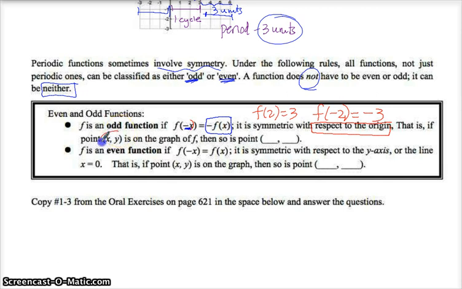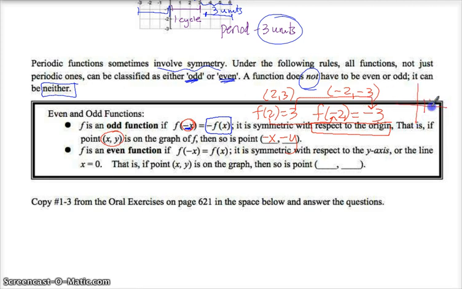So if I started with the original point x, y, this says if I put in the opposite of x, I would get the opposite of y. So point (2, 3) turned into point (-2, -3). That's an odd function, which means it has symmetry with respect to the origin.